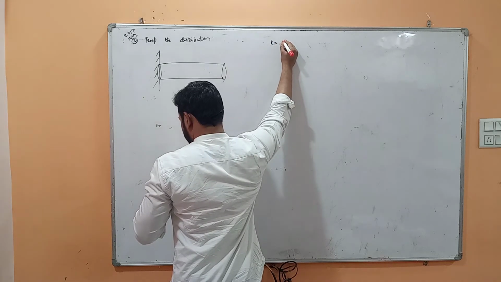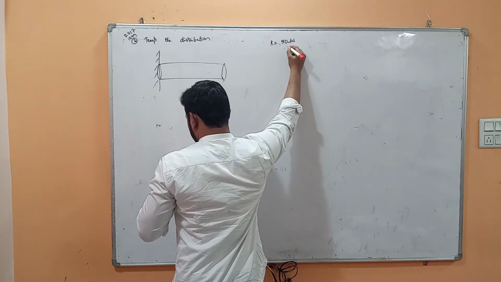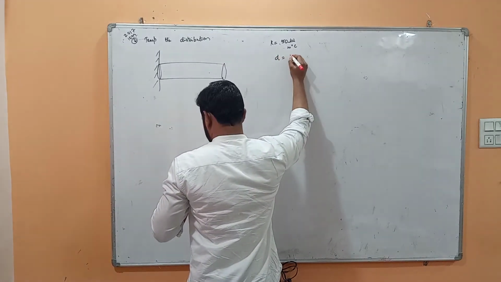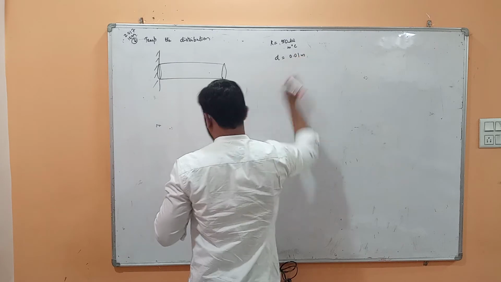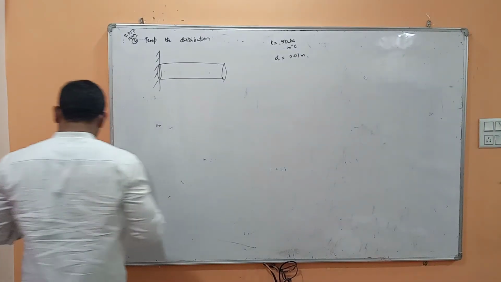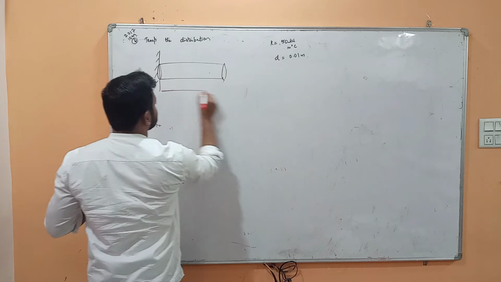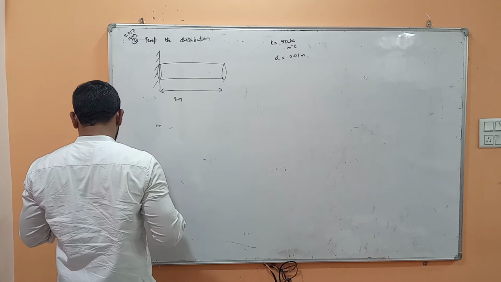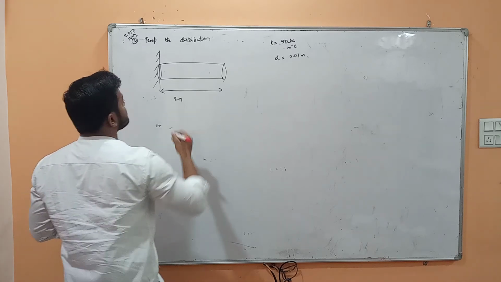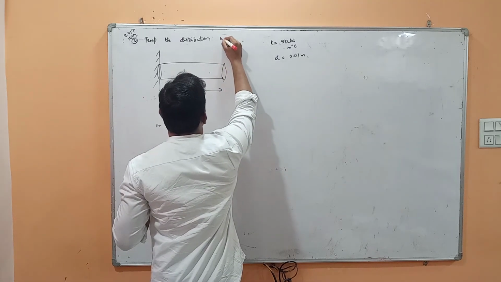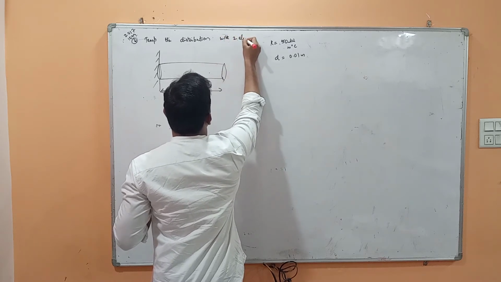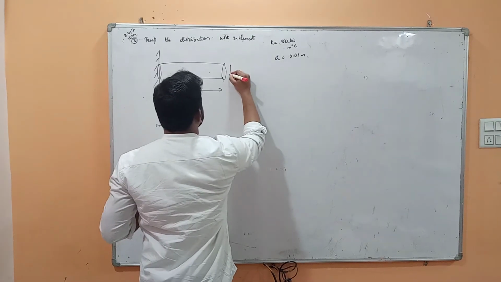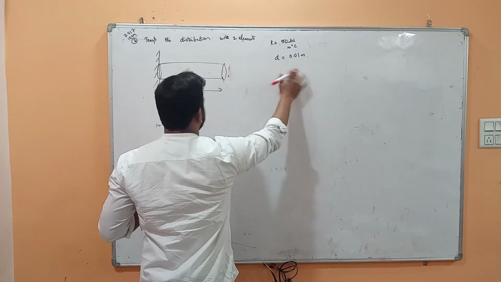K is given as 50 watt per meter degree centigrade, and D is given 0.01 meters, and the length of this fin is given 2 meters. Take two elements, it is given in the question, with two elements. Fine. The diameter of this fin is given.